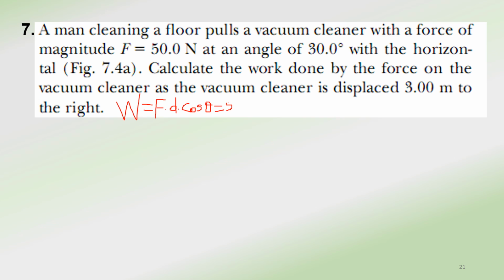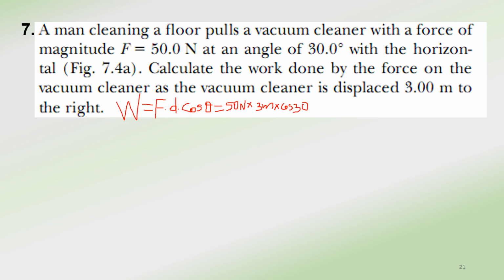This is equal to 50 as the force, 50 newtons, times the distance moved, which is equal to 3 meters. Then we need to multiply by cosine of 30 degrees.